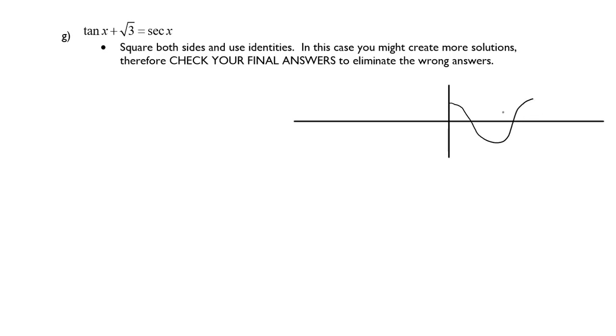There's one period of cosine, so now I'm just going to dot the next little bit here in both directions. And then I'm going to put vertical asymptotes wherever the cosine crosses the x-axis, because that is where secant is undefined. And the pattern continues.